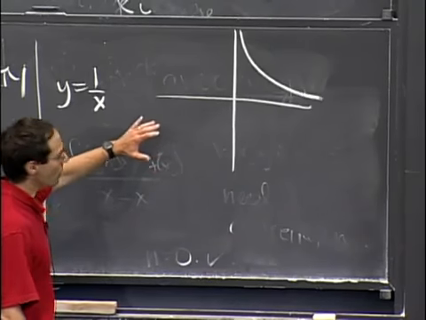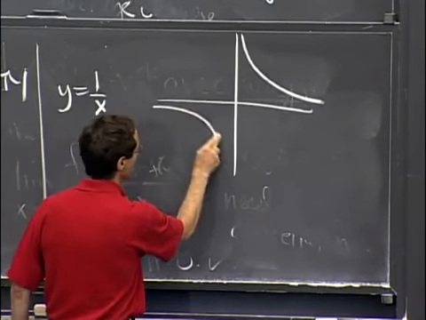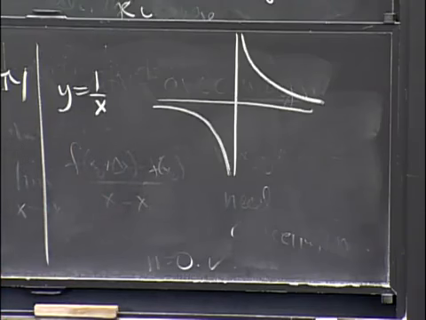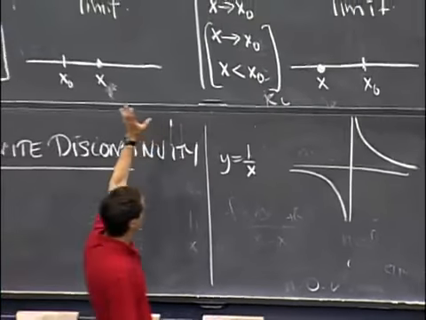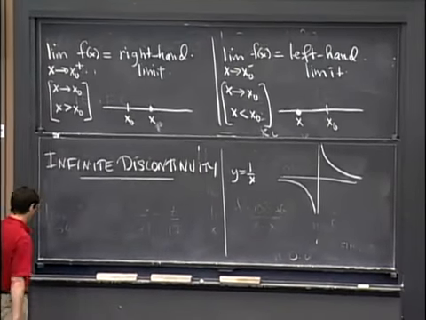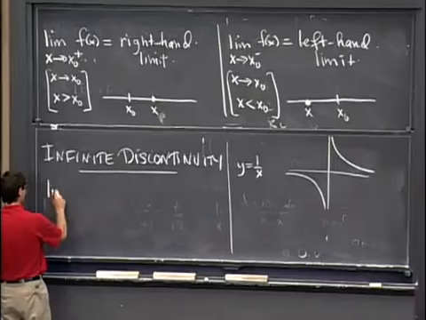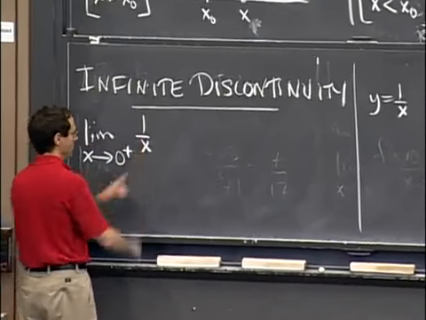But now I'd like to draw also the other branch of the hyperbola down here and allow myself to consider negative values of x. So here's the graph of 1 over x. And the convenience here of distinguishing the left and the right-hand limits is very important, because here I can write down that the limit as x goes to 0 plus of 1 over x.